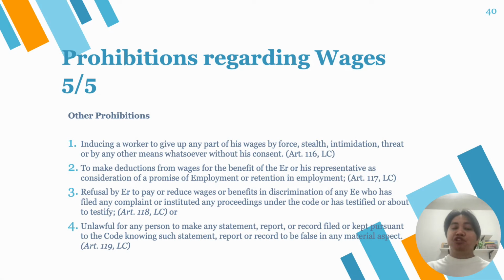And other prohibitions, we have 4 here: inducing a worker to give up any part of the wages by force, stealth, intimidation, threat, or any other means whatsoever without his consent. That's not allowed. Obviously, you'll see therefore stealth, intimidation.